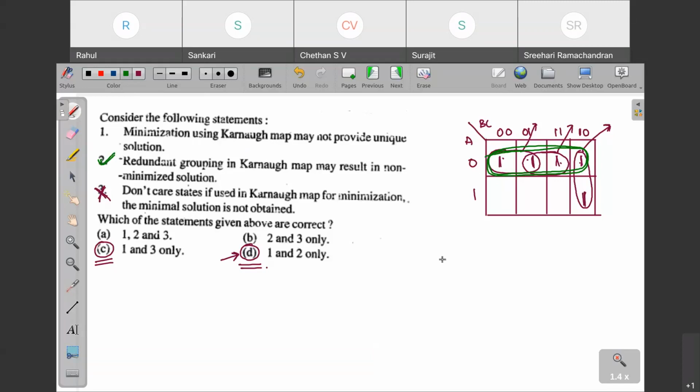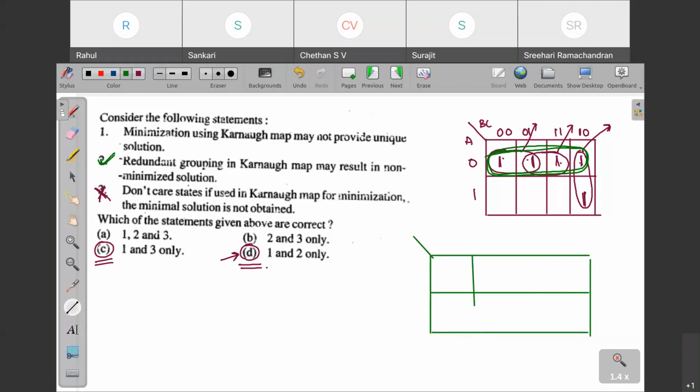Now it is up to me. Now, what do I mean by this? It may not provide unique solution. See, I can group this one like this. I can group it like this.